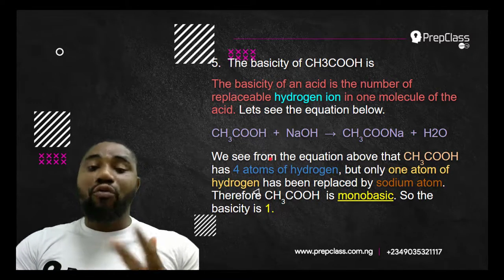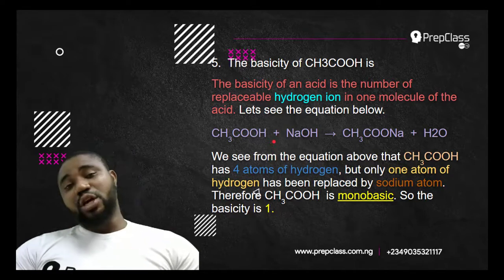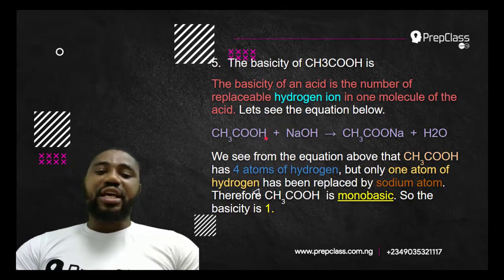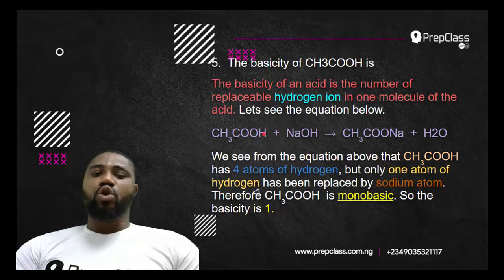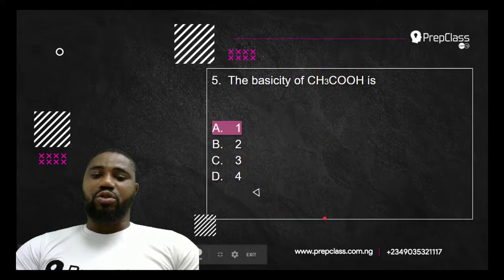In H3PO4, 3 atoms of hydrogen are usually replaced, so the basicity is 3. But in this case, only this hydrogen is replaced, irrespective of the fact that it has 3 plus 1, 4 atoms of hydrogen. Only 1 was replaced by sodium, so the basicity is 1. So the correct answer here is 1.